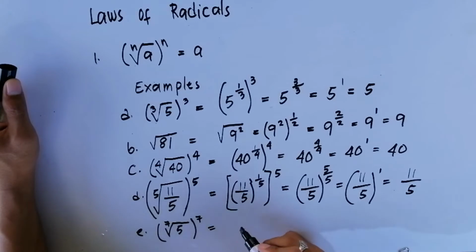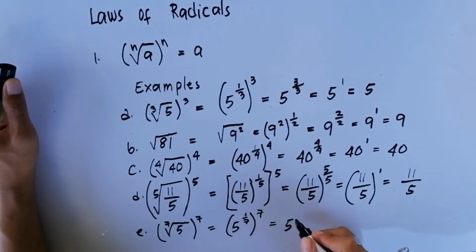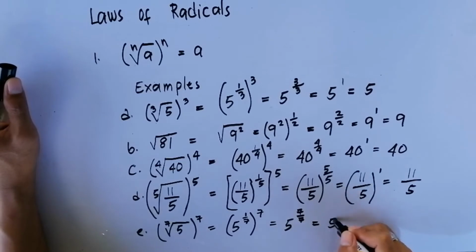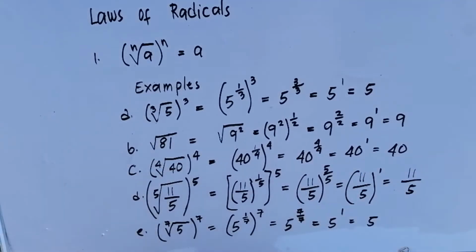For the next one, this is 5 raised to 1 over 7 raised to 7. So that is equal to 5 raised to 7 over 7, which is 5 raised to 1, so that is equal to 5.